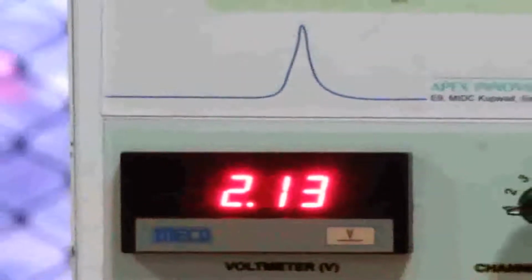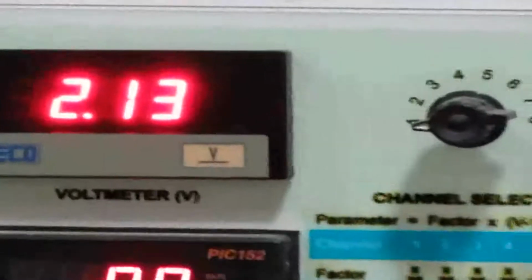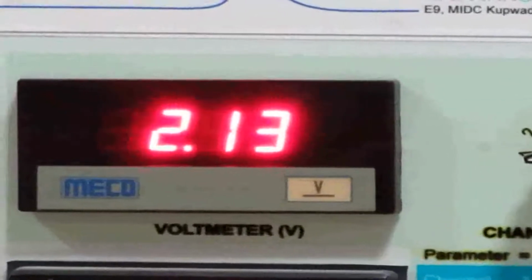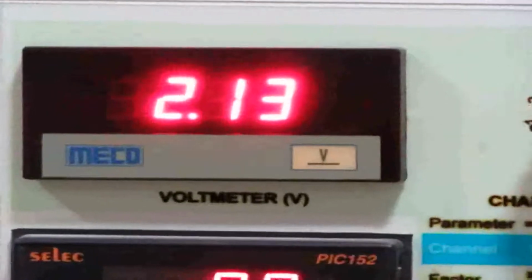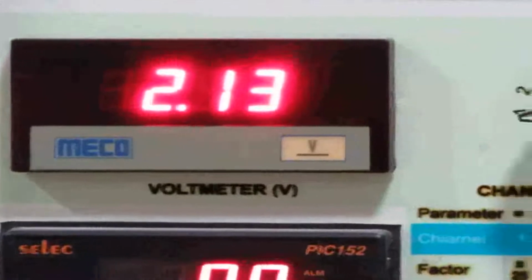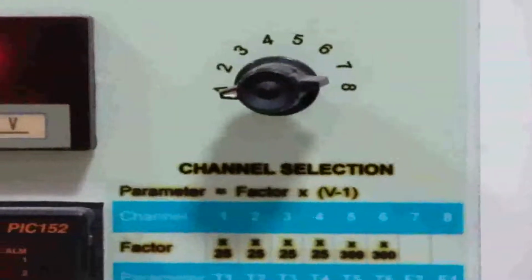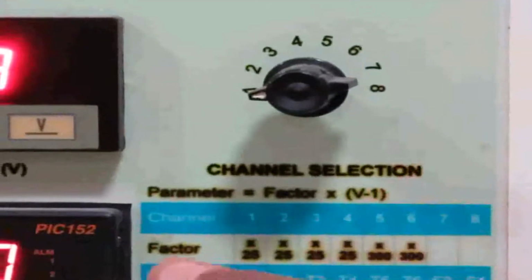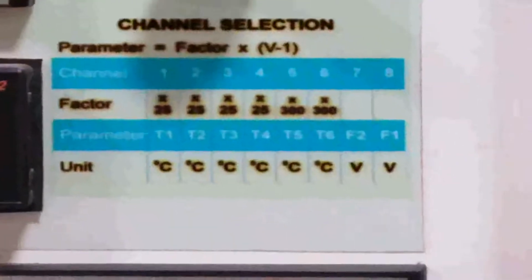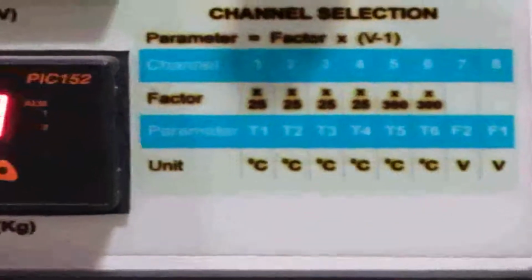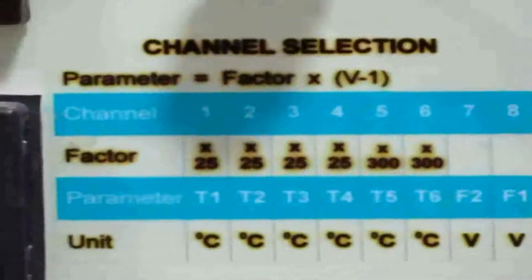This is the third panel which indicates the temperature measurements of all 1 to 6 thermocouples. Since thermocouples are used, the potential difference due to the temperature difference caused in the thermocouples is mentioned in terms of voltage here.